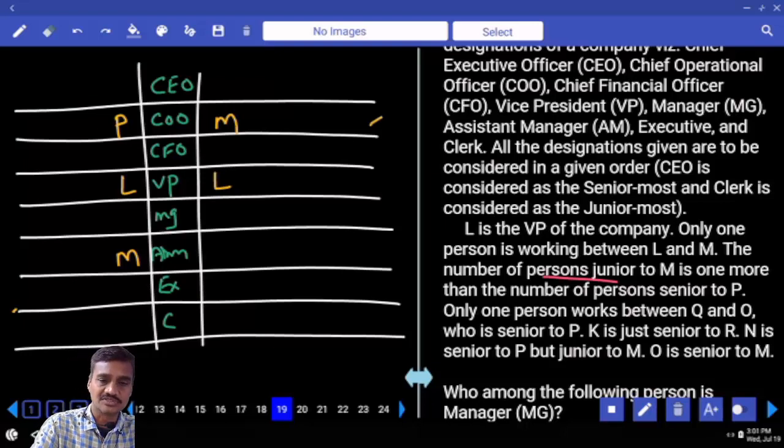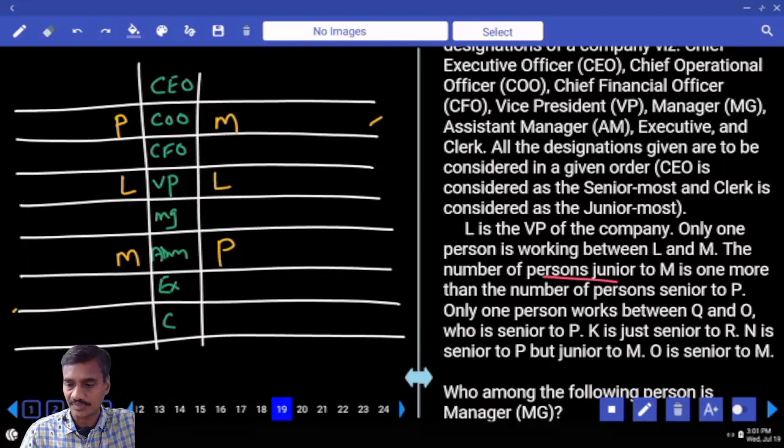Now 6 persons are junior to P, and so 5 persons must be senior to P. 1, 2, 3, 4, 5, and so P must be Assistant Manager, isn't it?